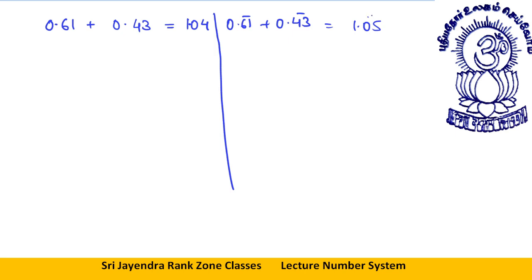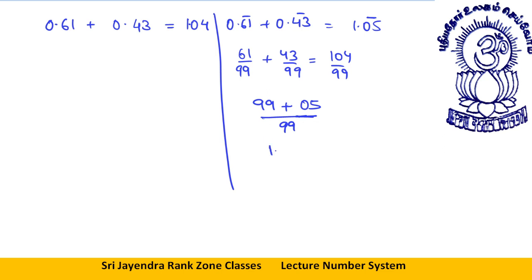How come? Look, I show you. See, I can say 61 bar means 61 by double nine, and 43 bar means 43 by double nine. This becomes what? 104 by double nine. Now I can say this becomes 1 plus 5 by 99, since 104 is 99 plus 5.